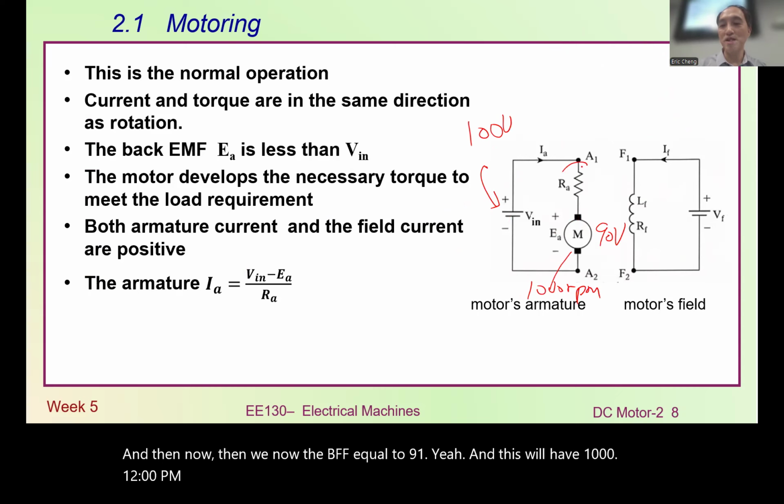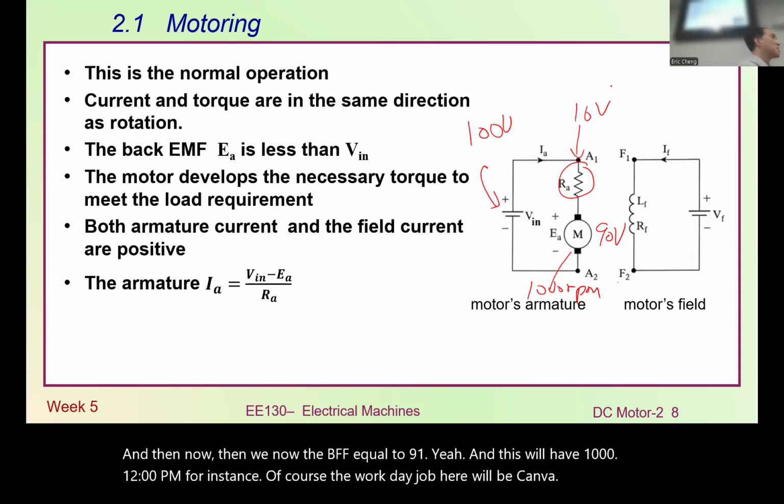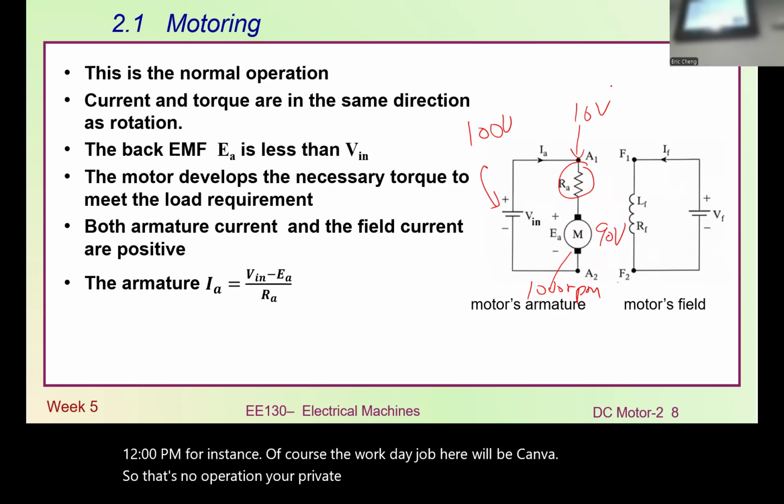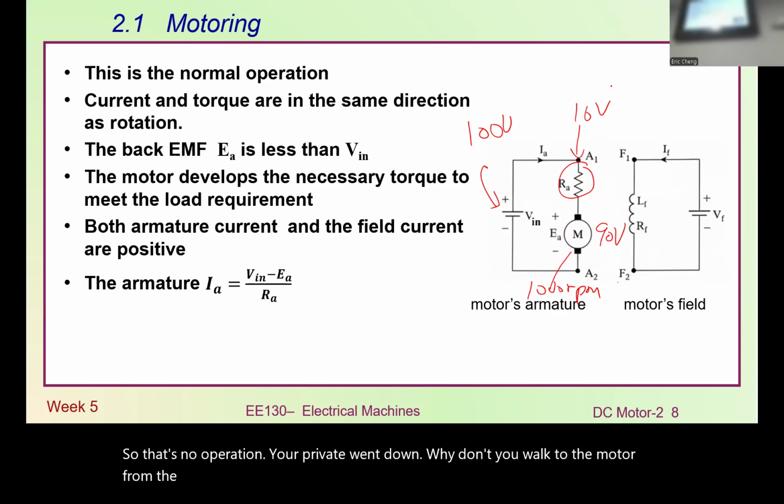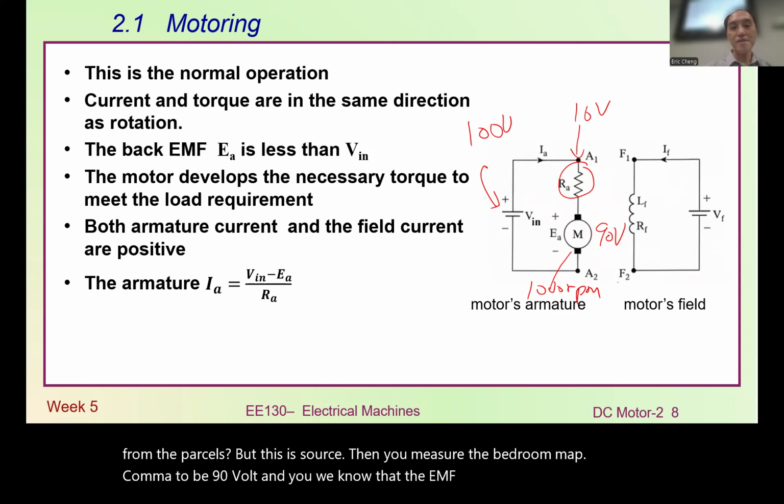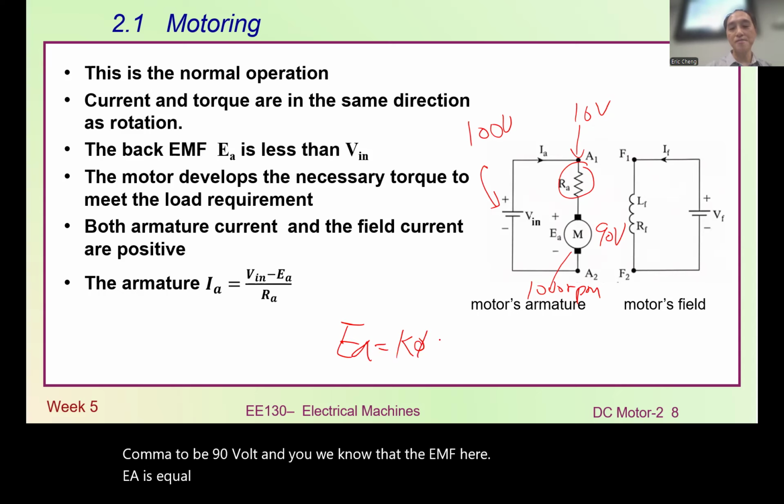Of course, the voltage drop here will be 10 volt. So that's normal operation. You apply 100 volt to the motor from the power source, from the DC source, then you measure the back EMF, come up to be 90 volt. And we know that the back EMF here, EA, is equal to K phi omega M. So that's how we get that.